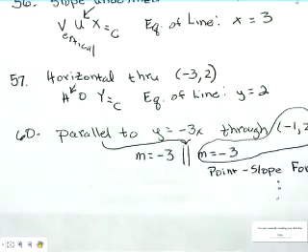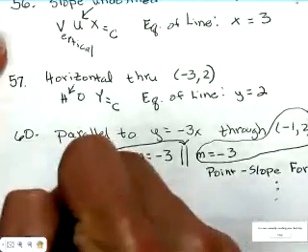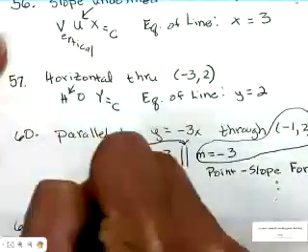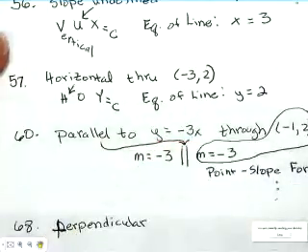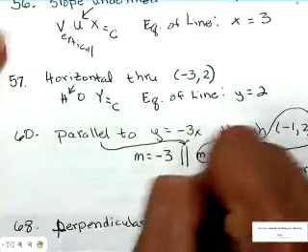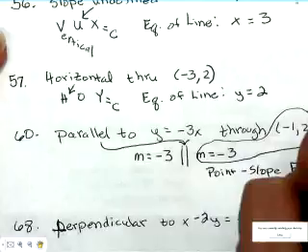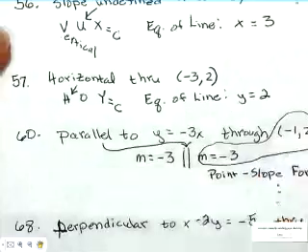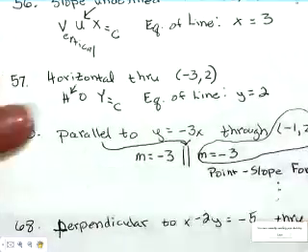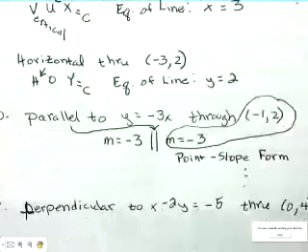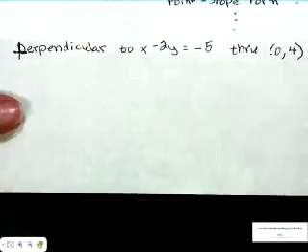So number 68, I'll write it, perpendicular. I'll show you the symbol next. Perpendicular to x minus 2y equals negative 5, and through the point 0, 4. What's the first thing I have to think?